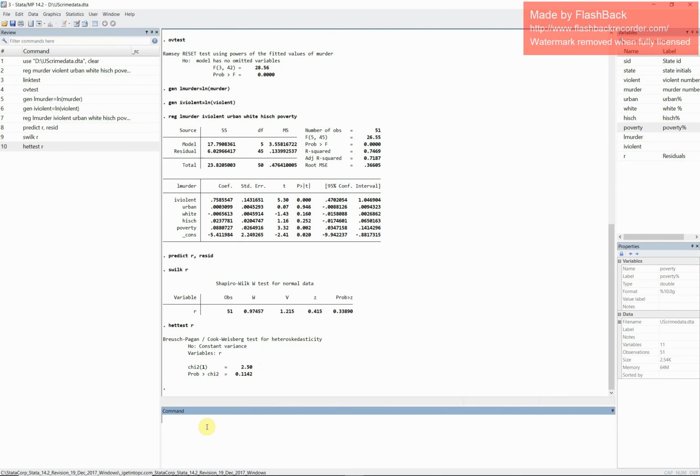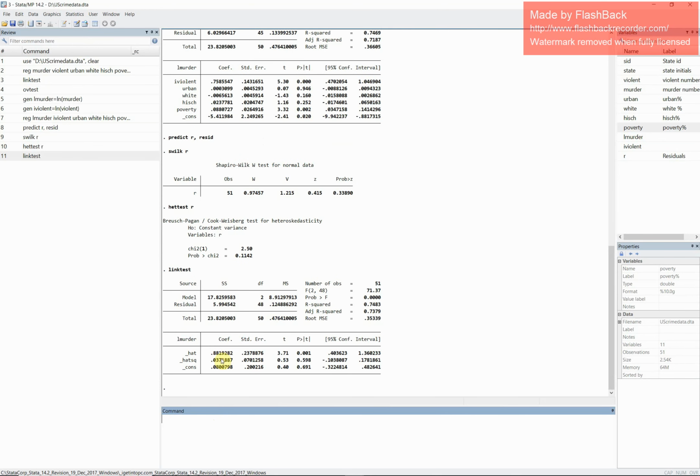Let us look at the specification of the model and use linktest. Now, our _hat variable should be significant, which it is. While _hatsq should be non-significant, it should not have explanatory power, which is the case.